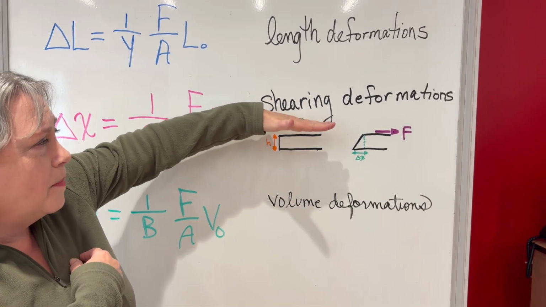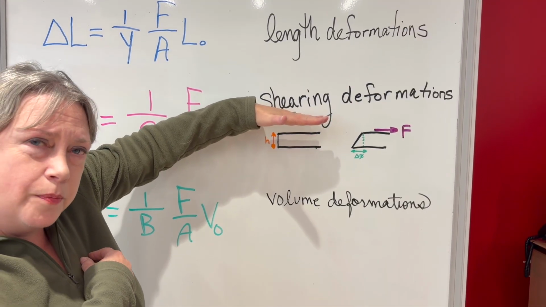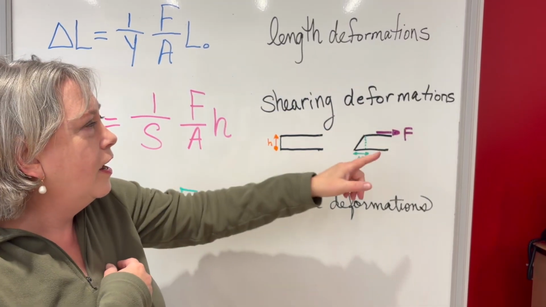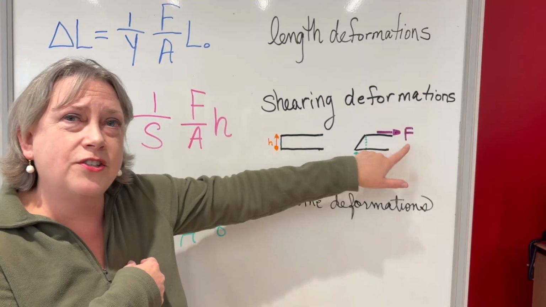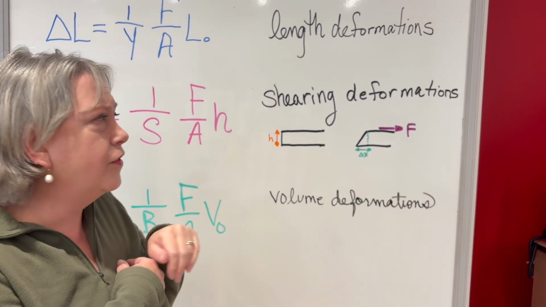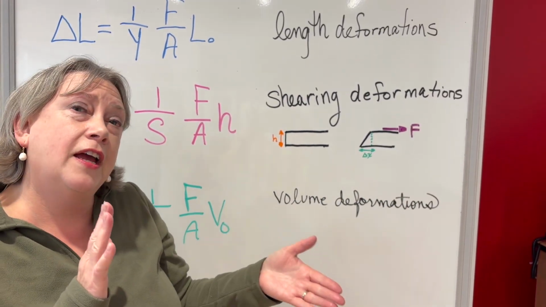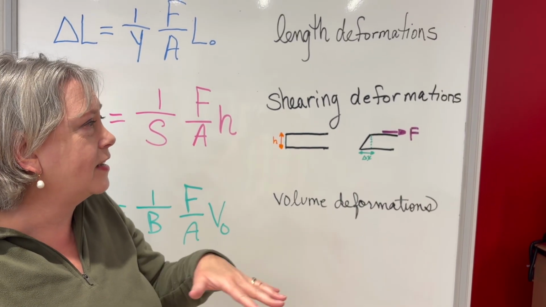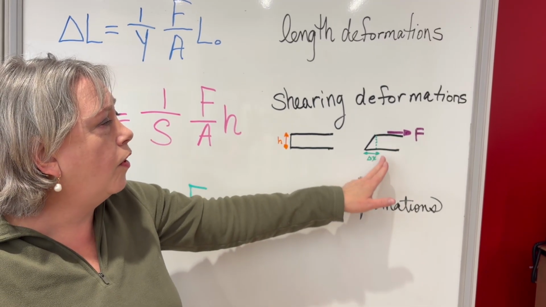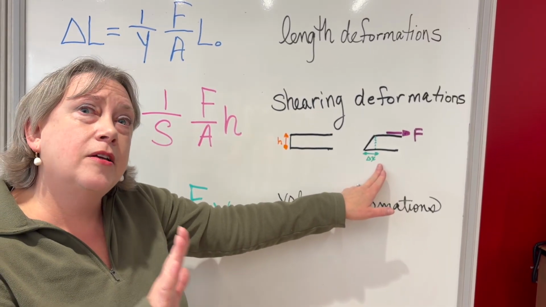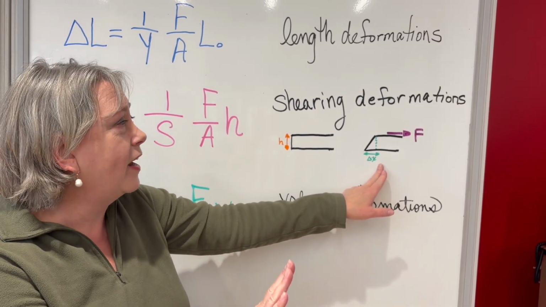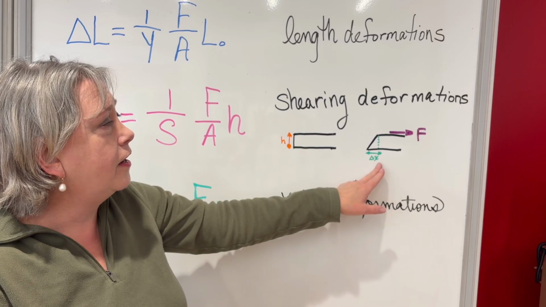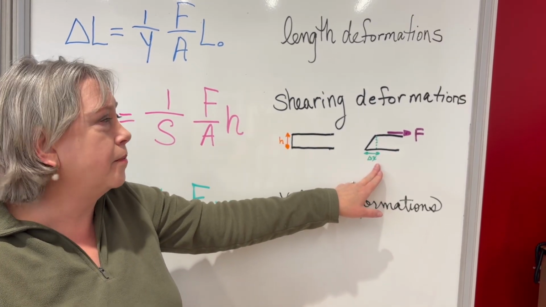If I were to put my hand on the top cover of the book and push, I could apply a force to the top cover of the book, and the area in this case would be the area to which I'm applying it, so the area of that top cover. And what will happen is the top cover will move to the right, and it will be further to the right than the bottom cover.